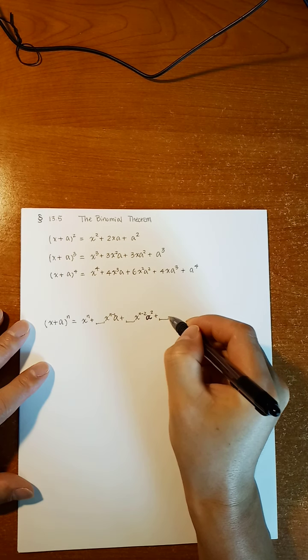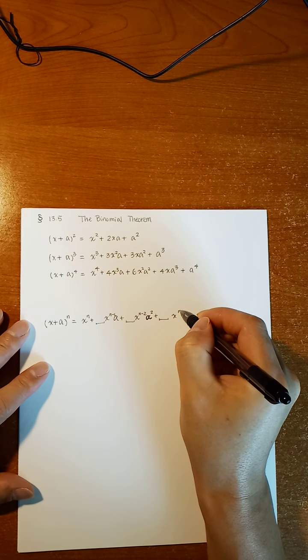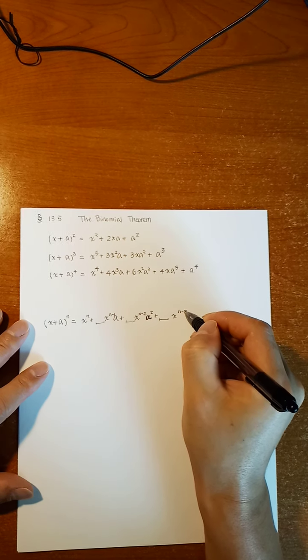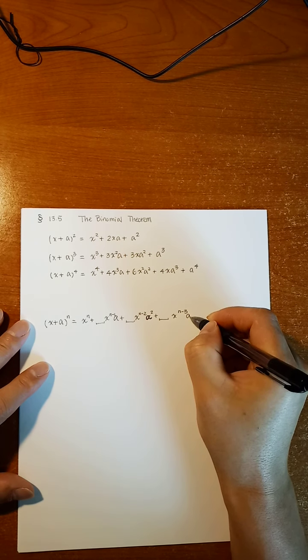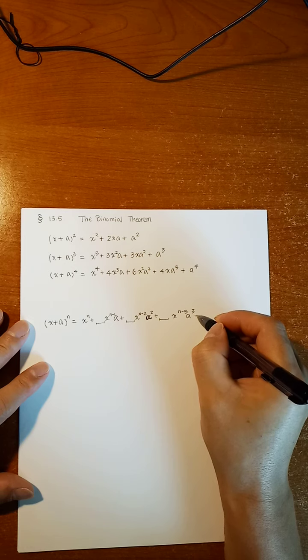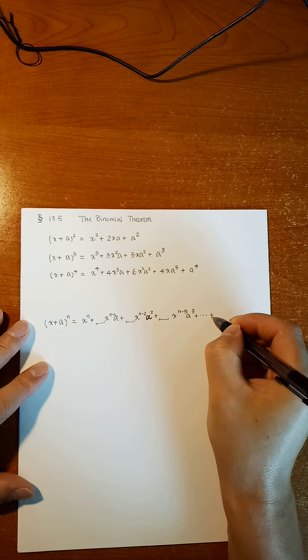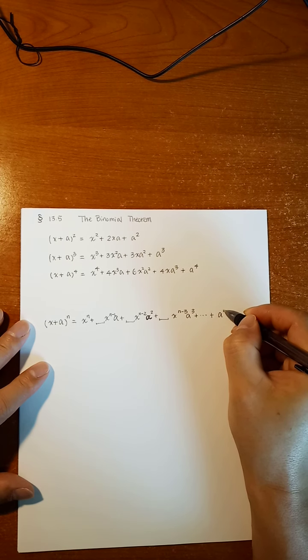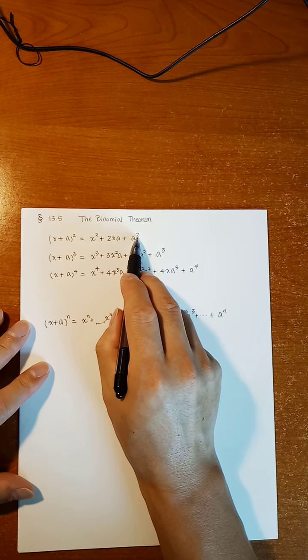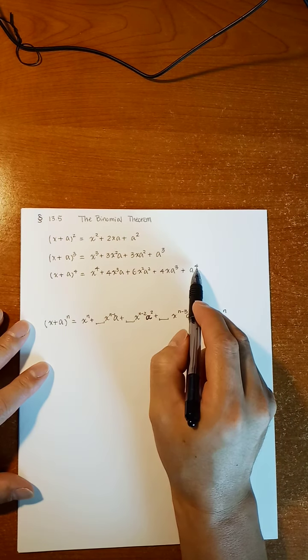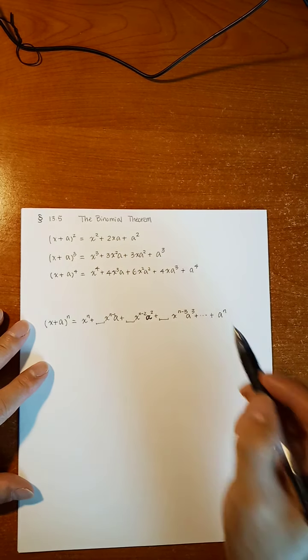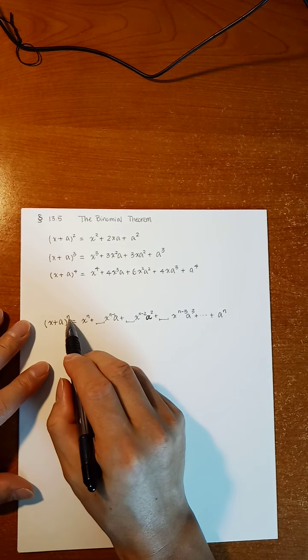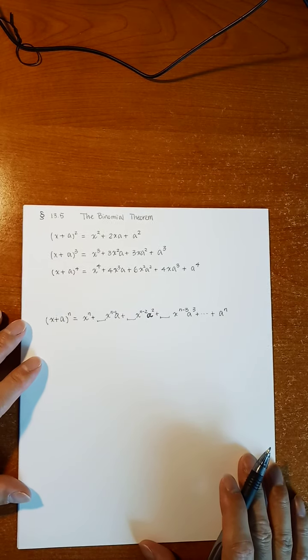It's always addition, and the next term, if you want to write, is going to be x to the power n minus 3, a to the power 3, and so on until you add a to the nth power. You see a squared, a cubed, a to the fourth power, and here a to the nth power, which comes from the original.